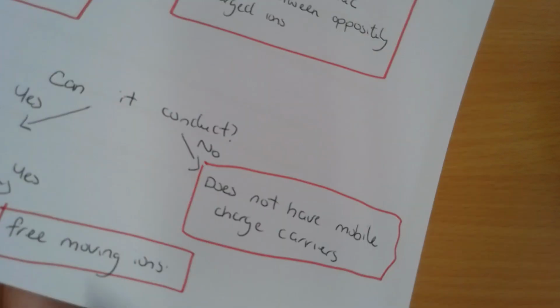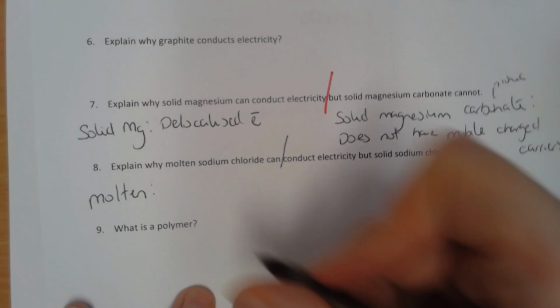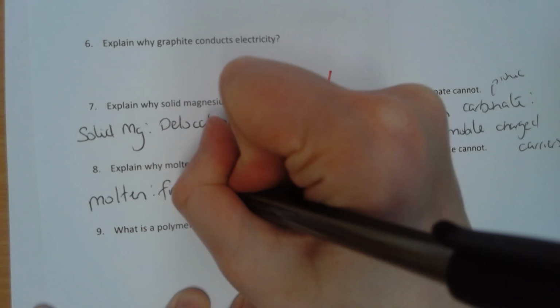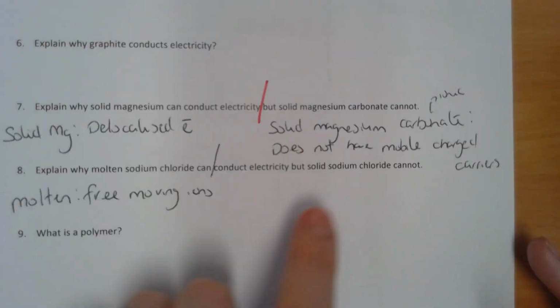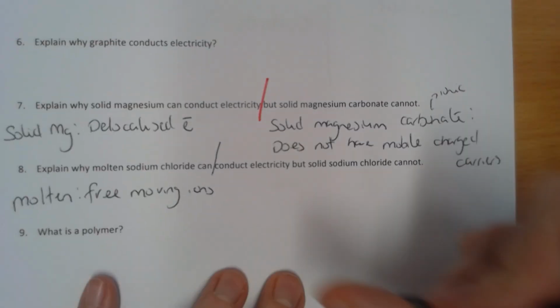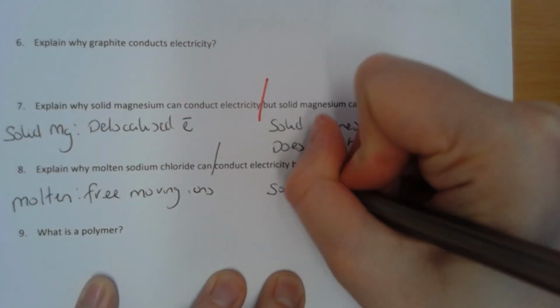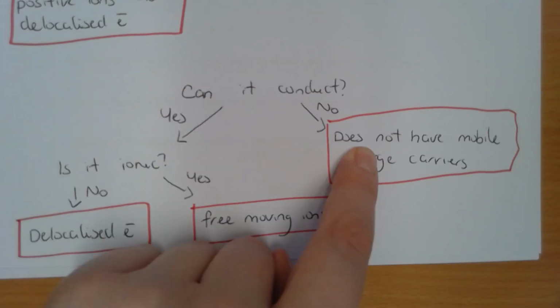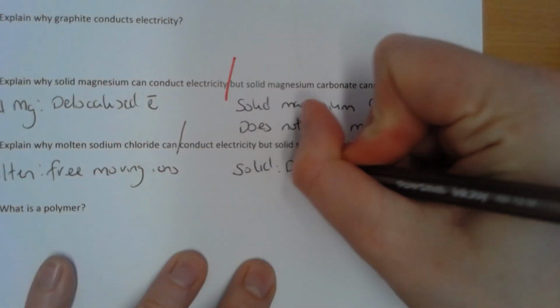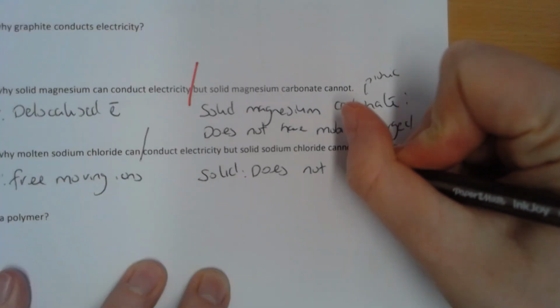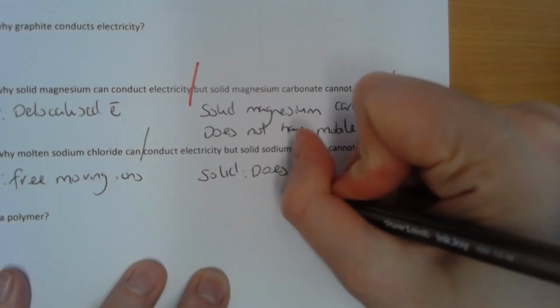The solid one, it says it does not conduct electricity. Well, if the answer to that question is no, it does not have mobile charge carriers. And that's the same every single time.